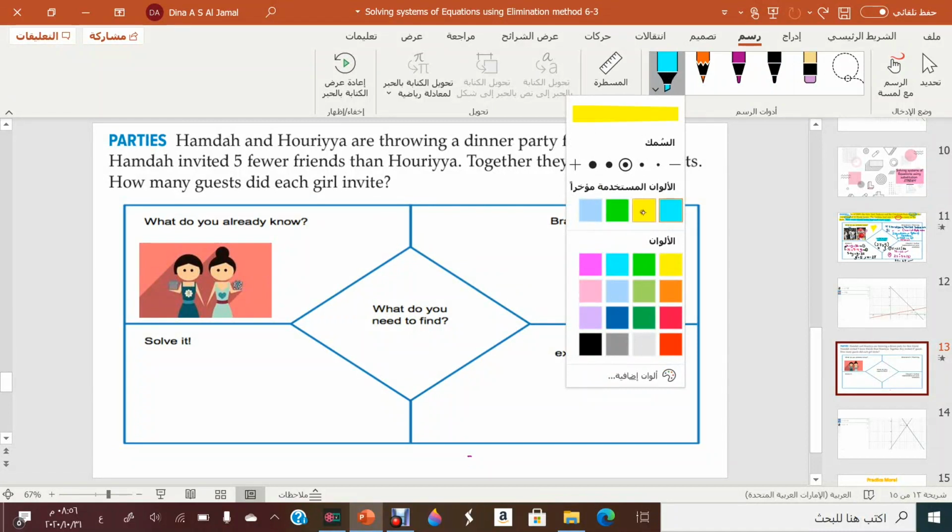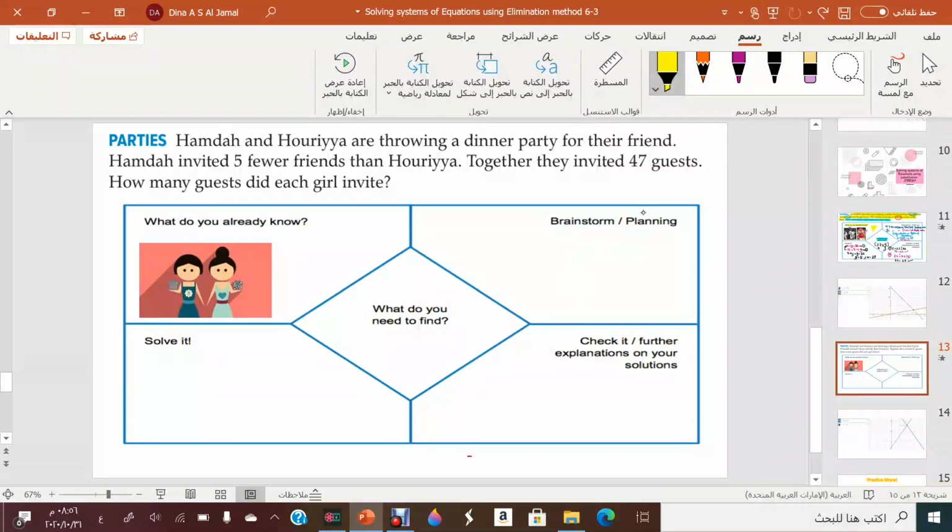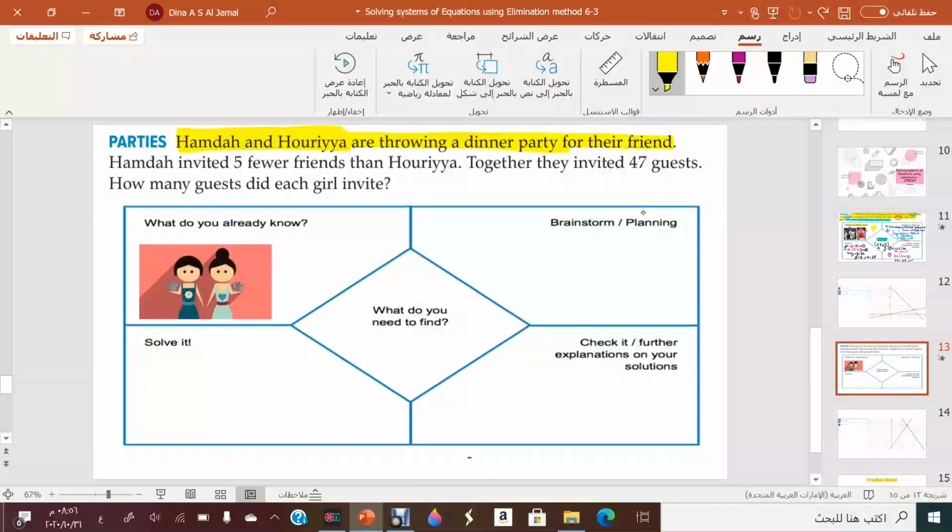We are having a party here and we are having two guests, Hamda and Huriya. They would like to make a dinner party for their friends. So I'm starting to highlight the given. Hamda invited 5 fewer than Huriya, and pay attention to this sentence.